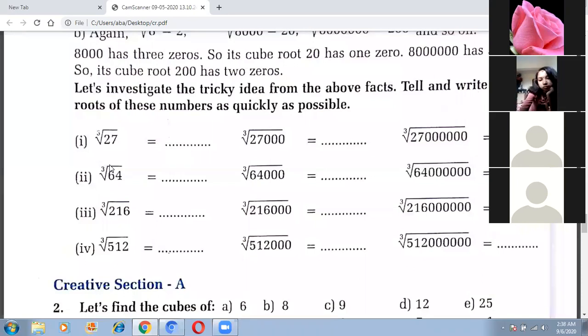Cube root of 27 is what? I am asking you, what is the cube root of 27? 3.